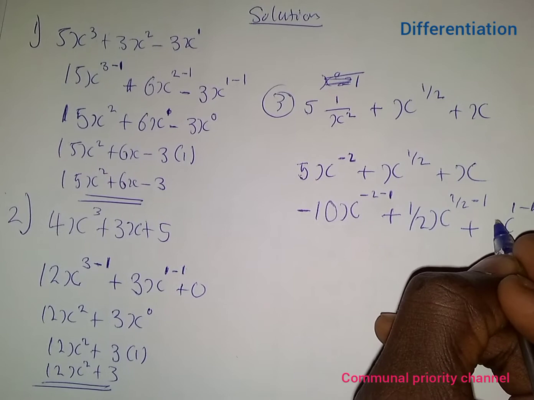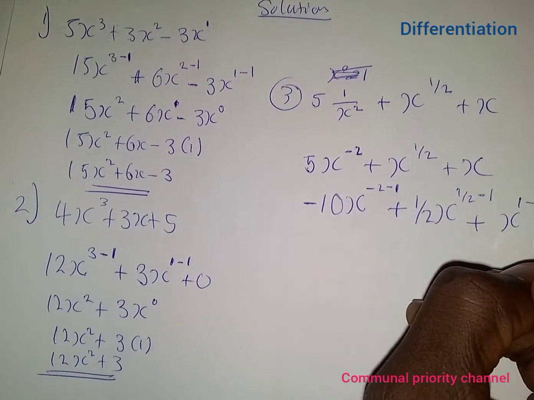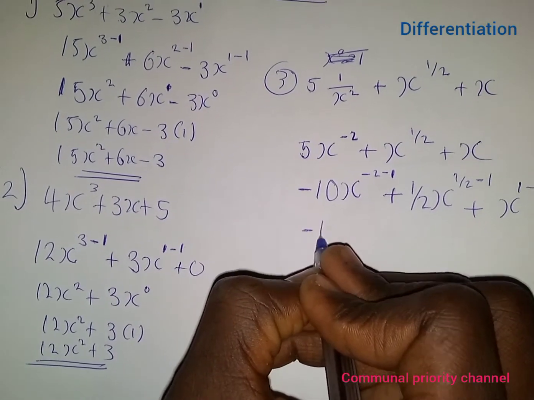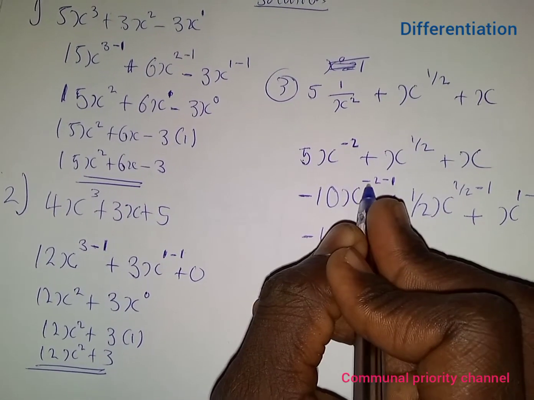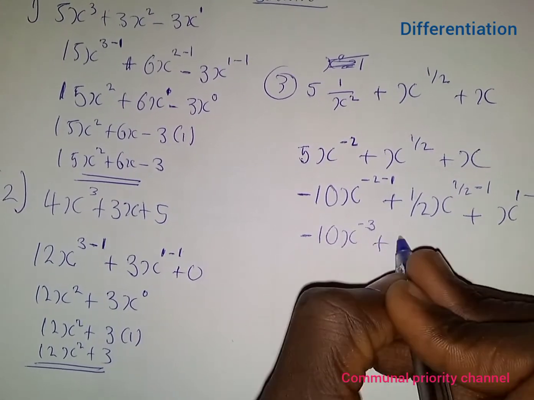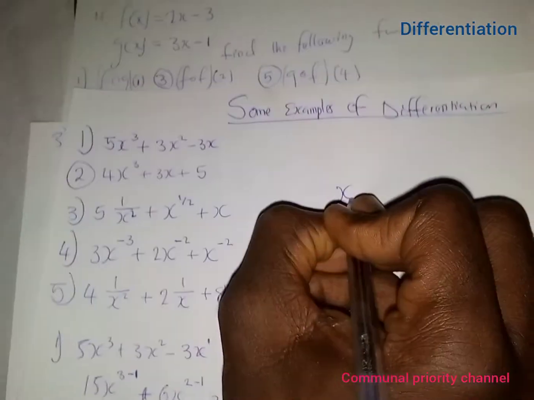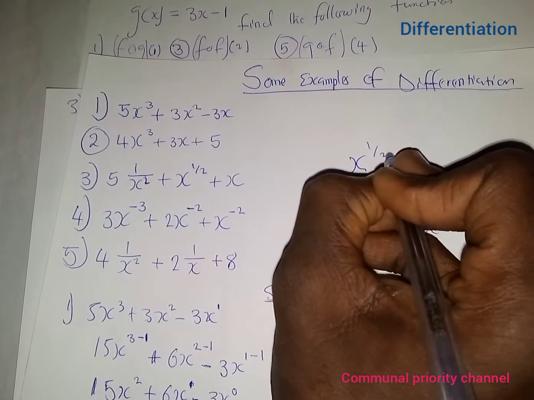Because there's nothing here, it's the same as 1 times 1, which is equal to 1. Then this will be minus 10x to the power of minus 2 minus 1, which is minus 3, plus 1 over 2 x to the power of 1 over 2 minus 1.